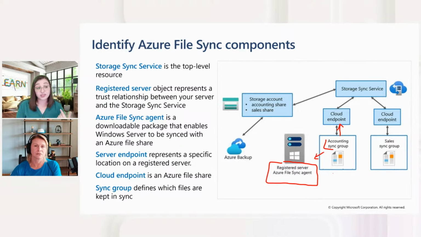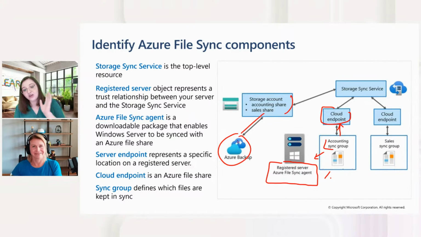That would be the server endpoint, actually a path on top of your server that it will start picking up data from and upload into your cloud endpoint, which is in a storage account file share that is natively integrated also with Azure Backup. So you have your data on the server, you have the data on a file share, and potentially backed up into a recovery services vault. That's great. Exactly.